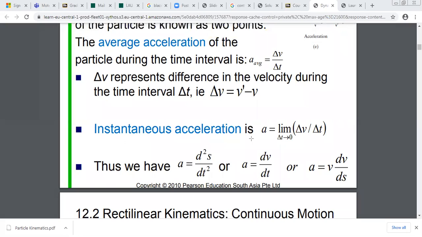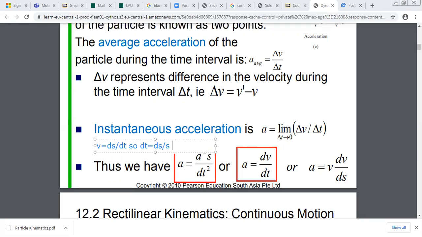Here you can define a as the first derivative of velocity with respect to time, or the second derivative of position with respect to time. Now, if we want to eliminate time from the relation, we know that velocity v is equal to ds over dt, so dt can be replaced by ds over v.